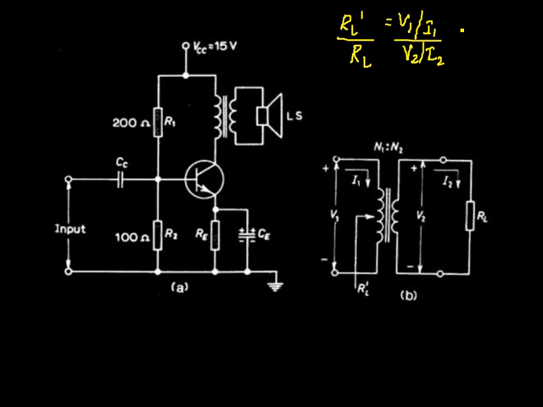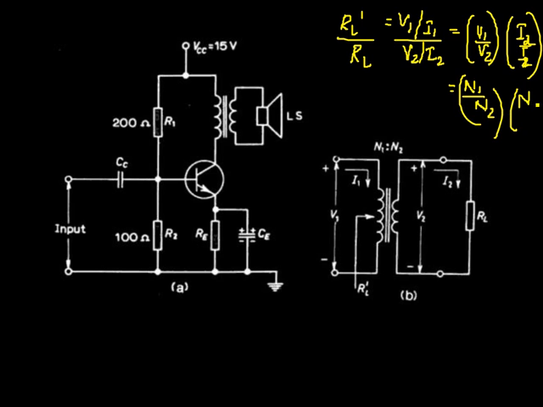So if you write it in the voltage ratio form, it is V1 by V2 into I2 by I1. As far as the transformer is concerned, V1 by V2 is N1 by N2, and I2 by I1 is again N1 by N2.